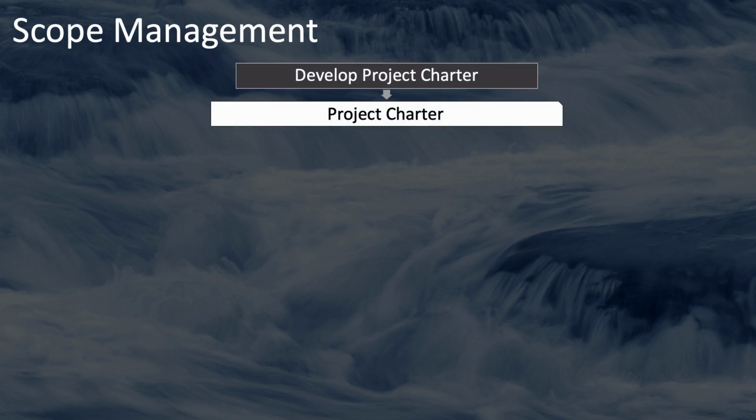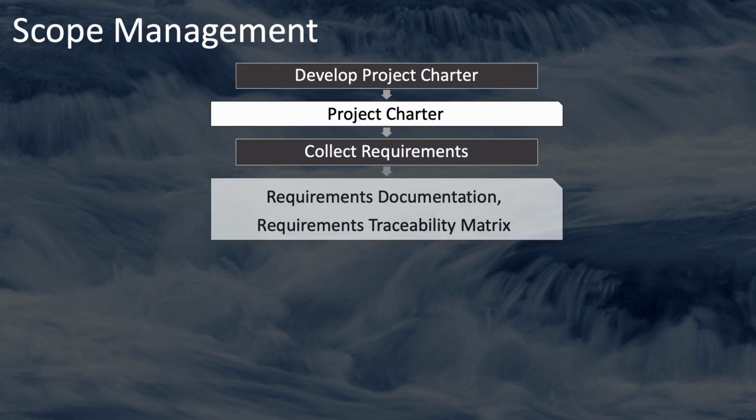This is actually part of integration management, but it's an important input into the Collect Requirements process, which is part of scope management. Collect Requirements then generates requirements documentation and the requirements traceability matrix.